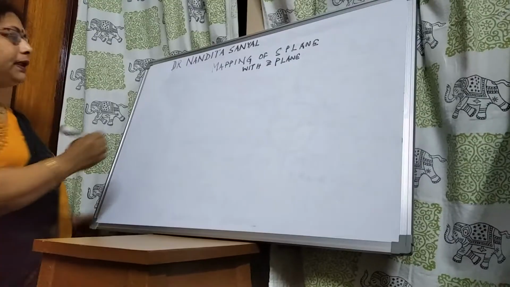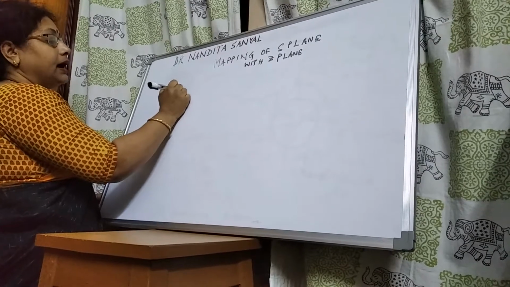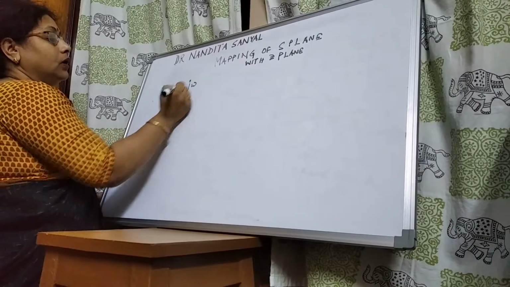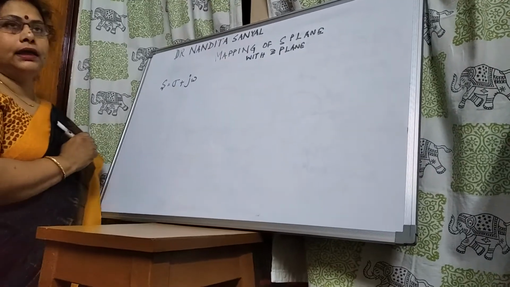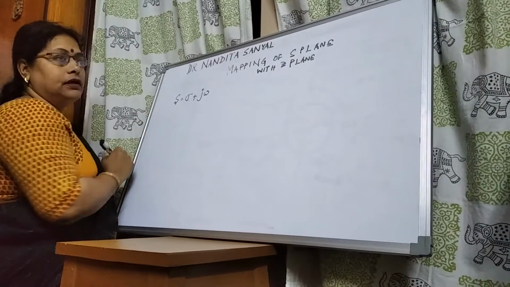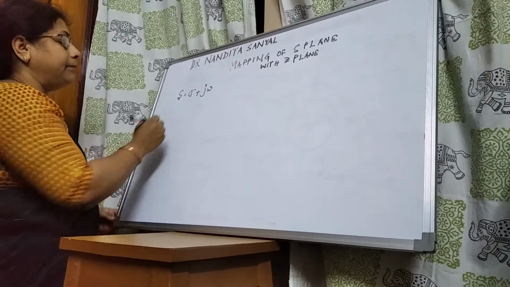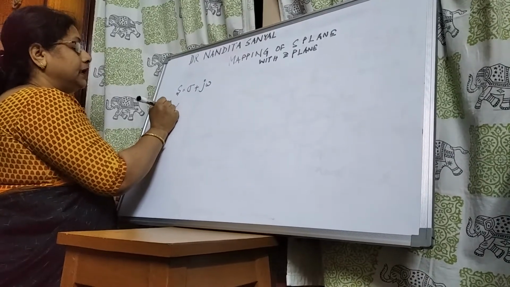S is a complex operator equal to sigma plus j omega, where sigma is the real part and omega is the complex frequency part, and the S operator is applicable for continuous domain signals.